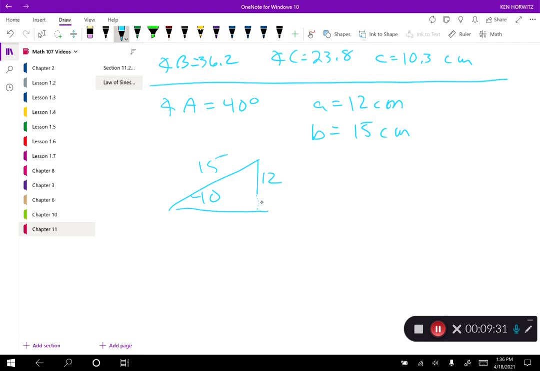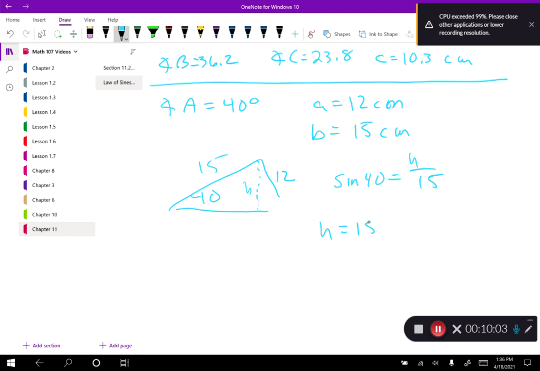Here is the height of your triangle, and your 12 goes out that way, and we're not 100% sure if it reaches down or not. So I can use SOHCAHTOA. The sine of 40 is going to equal h over 15. So h equals 15 sine 40.